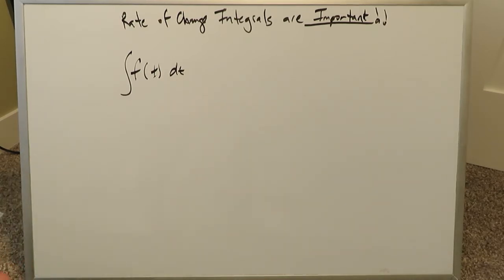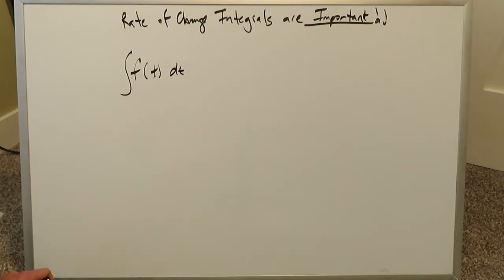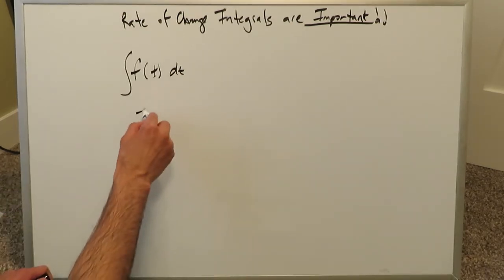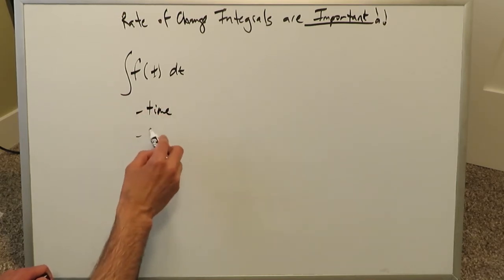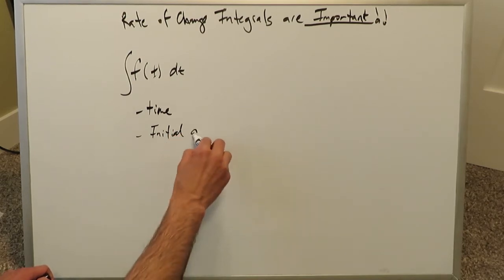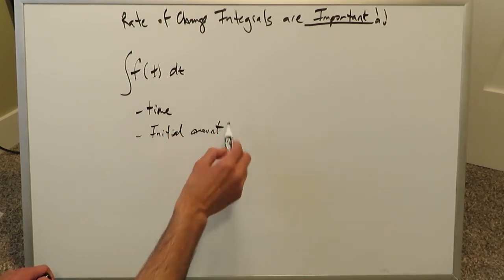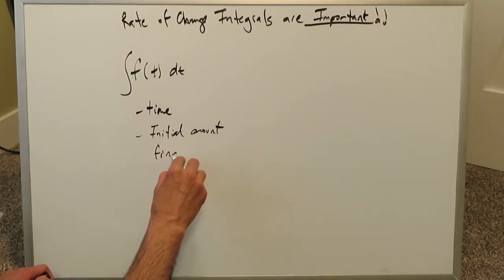In all of these examples, or let's say the three examples that I'll present to you, you'll see that time plays a very important role. Time is indeed a factor in all of this. What you're looking at is the initial amount at initial time, and then some sort of final amount.